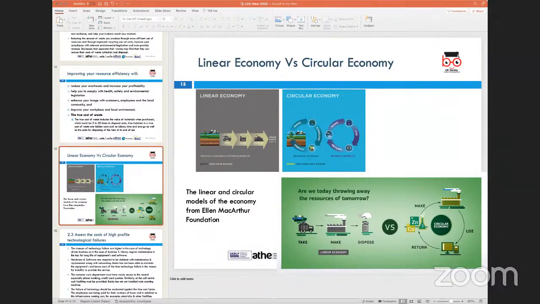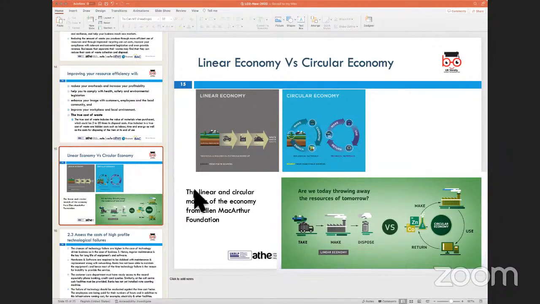We cannot just make the resource, and then after the value has been used, throw it away. Because resources are finite and things are not indefinitely available, what we have to do is start to recycle them and return the useful materials back into recirculation. And then the material which cannot be reused has to be treated and then disposed of in the environment.